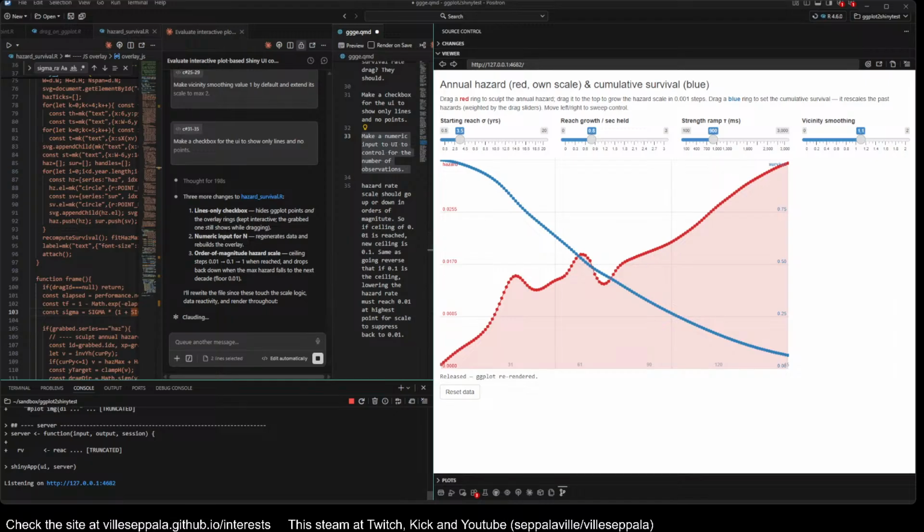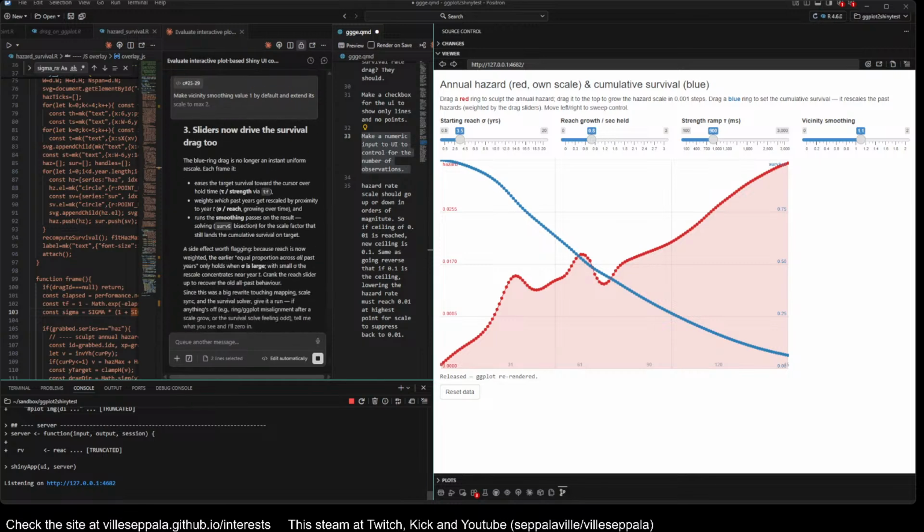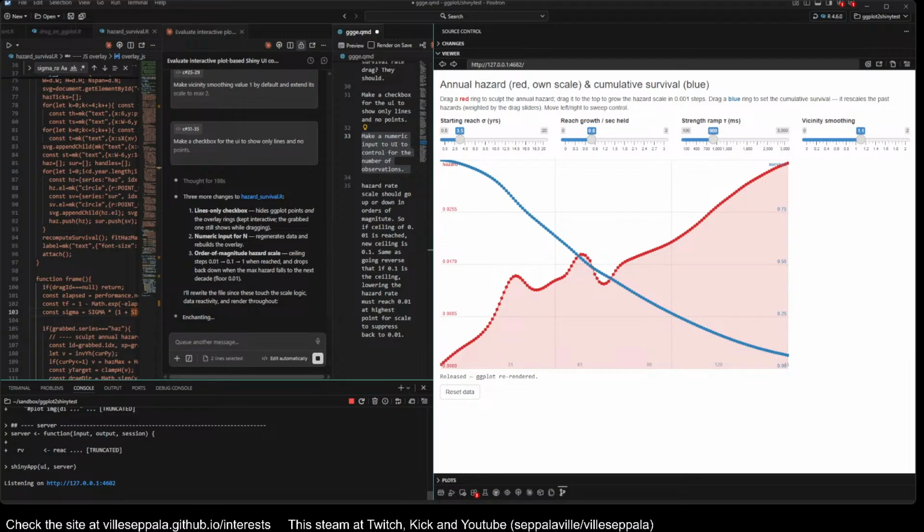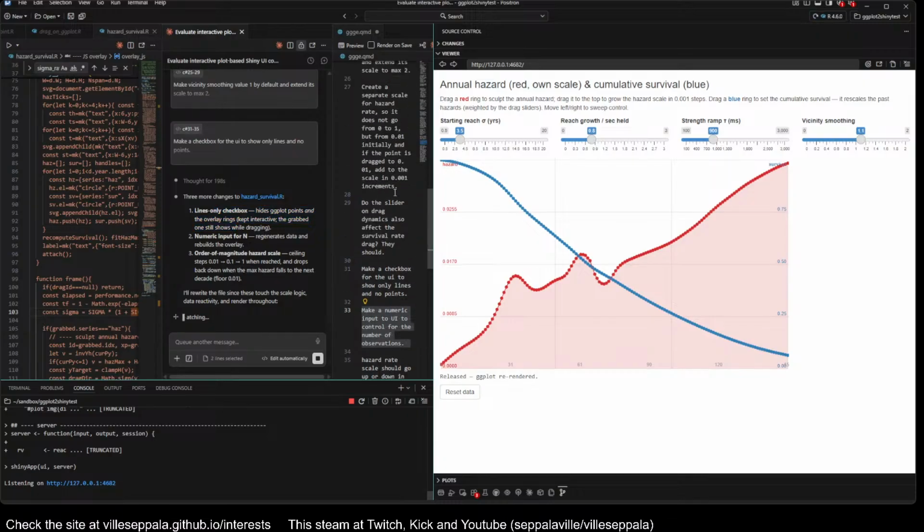Okay. Yeah, at least not yet, no comments on whether my ideas or these changes are good or not.